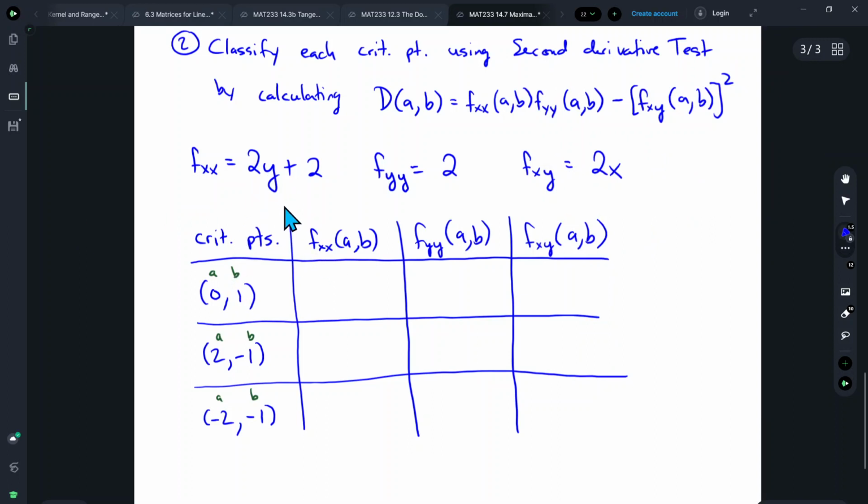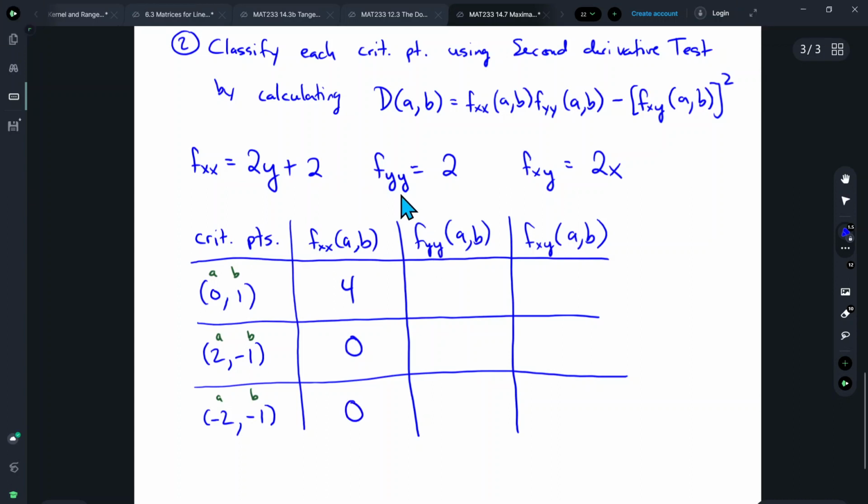So here I just need the y coordinate, so 2 times 1 plus 2, so this is equal to 4. This one would be 2 times -1, so you get -2 plus 2, which is 0. And this one again would be 2 times -1, which is -2 plus 2, which is equal to 0.